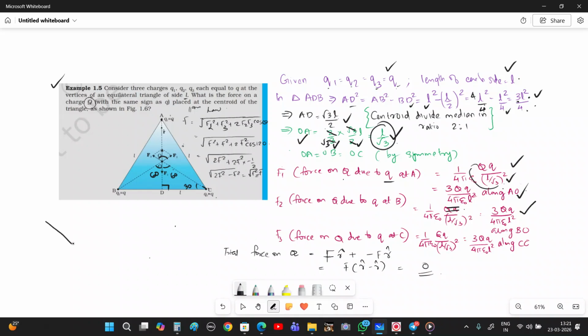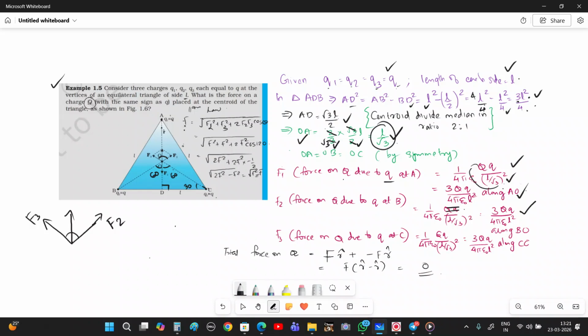You can see that this F3 and F2, these two are forming the adjacent sides of a parallelogram. So for getting the resultant of these two, you have to use the parallelogram law of vector addition, which you studied in grade 11. What is the equation for finding the resultant force?